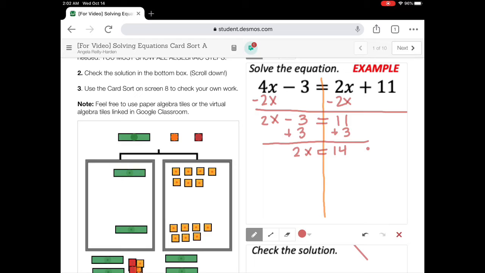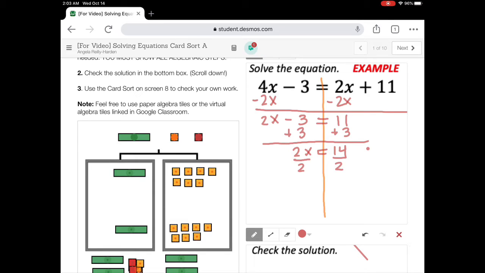See, I have equal groups on the x side. There's an x in each group, and equal groups on the right side. There's 7 in each group. So the way I show that I divided by 2 is I draw a little fraction bar division sign on both sides, 2x divided by 2 and 14 divided by 2.